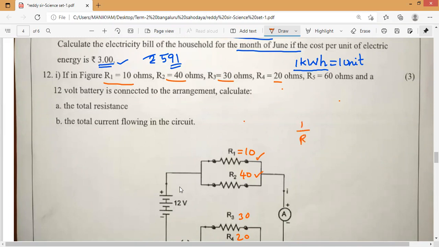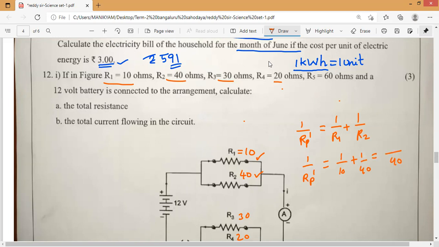So first, RP dash is equal to 1 by R1 plus 1 by R2. As I told you, if only 2 resistors are there, you can use this approach, or else if you are confused, you can follow the same approach. So 1 by 10 plus 1 by 40, 40 is the LCM.